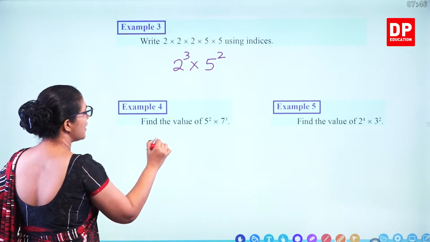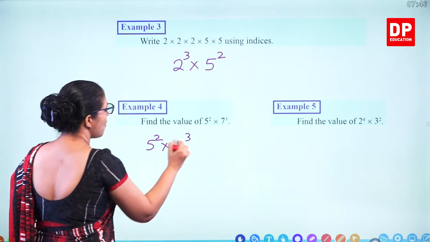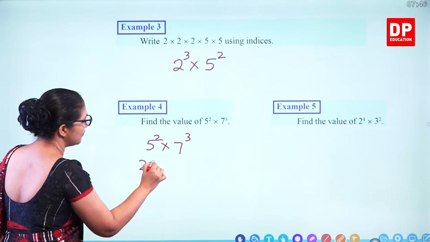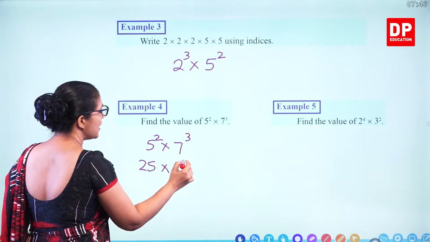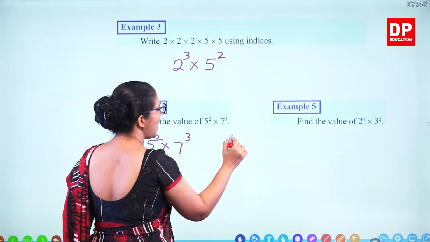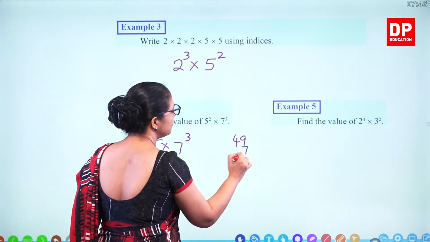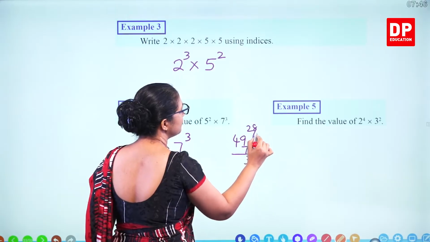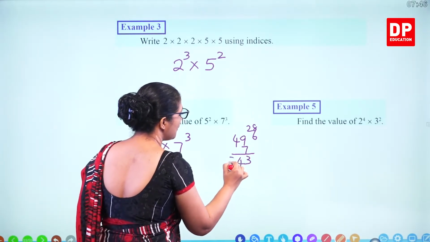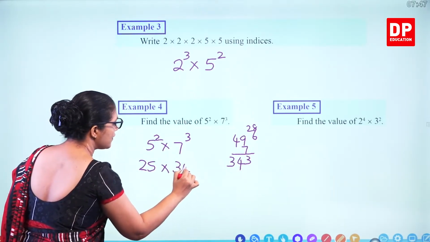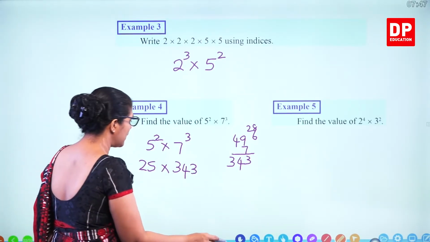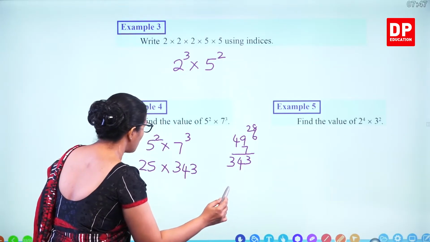You can do separately. 5 squared means 5 times 5, 25. 7 to the power 3. 7 times 7, 49. 49 times 7, 343. Now you have to multiply these two. 343 times 25.